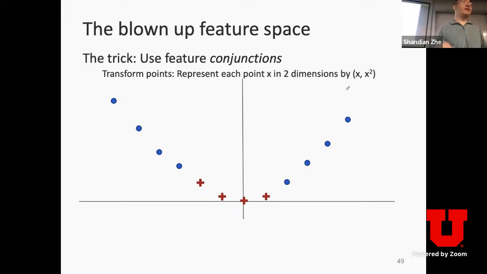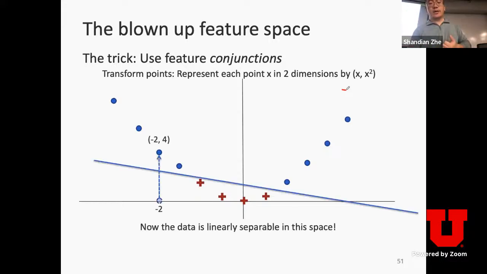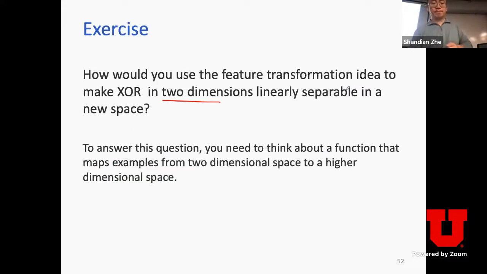You can show that by joining the positions in the original feature space. But now, if you could smartly construct an augmented feature, and lift the representation of every instance into a higher dimensional space, then probably you can overcome this issue. You can still find a hyperplane or linear classifier that will separate positive and negative examples. Think about that. That has already been included in our homework too.